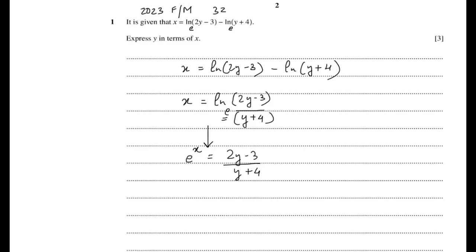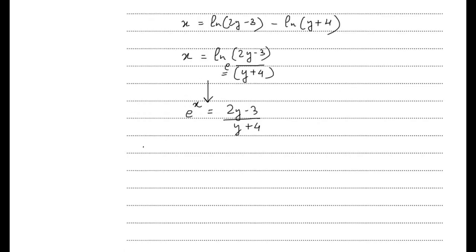Now the y's are no longer inside the log function, so we can simplify it. We cross multiply: (y plus 4) times e to the power of x is equal to 2y minus 3. If I expand this, I get e to the power of x times y plus 4 e to the power of x is equal to 2y minus 3.